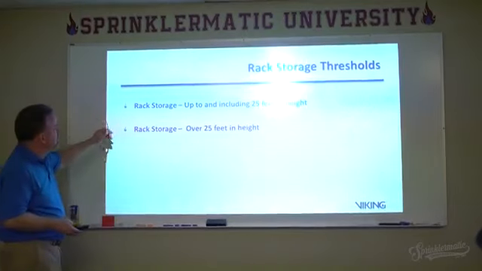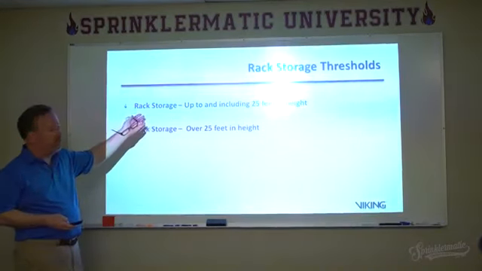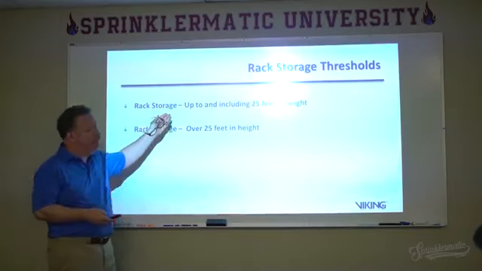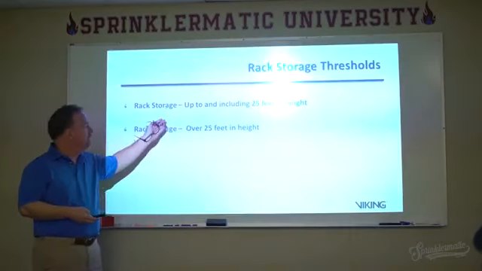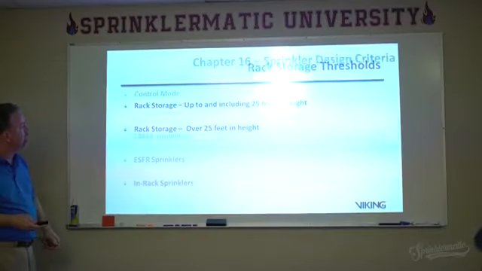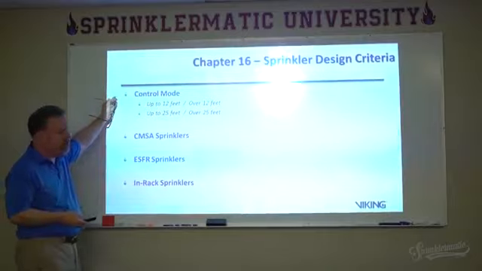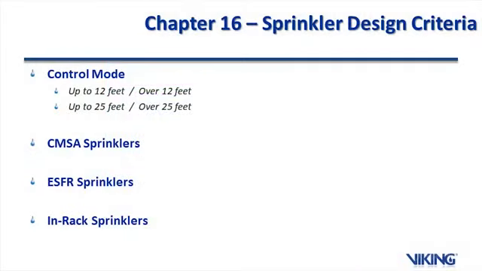So for rack storage, the thresholds are for both plastics and class 1 through 4 commodities, we take a look at that storage height, because the requirements are going to change once I get over 25 feet in height. Chapter 16 then, control mode sprinklers can be used up to 12 feet or over 12 feet.